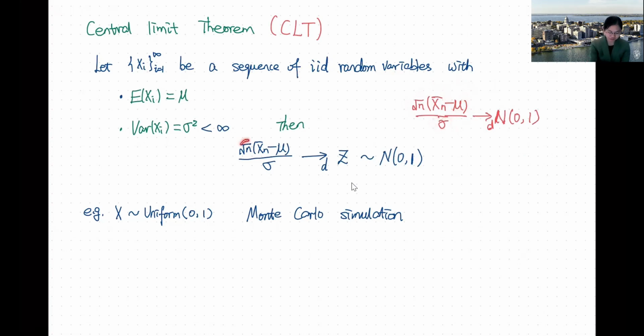If you don't do anything, if you don't do the scaling and the recentering, the expectation of X bar is stable, constant. The expectation of it is mu. It doesn't change with the sample size, which is good.